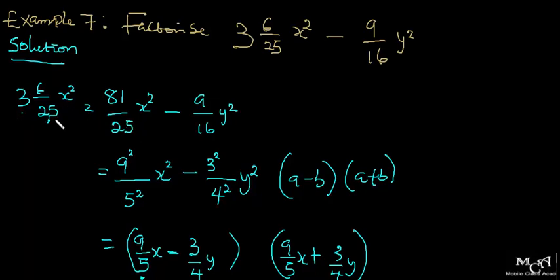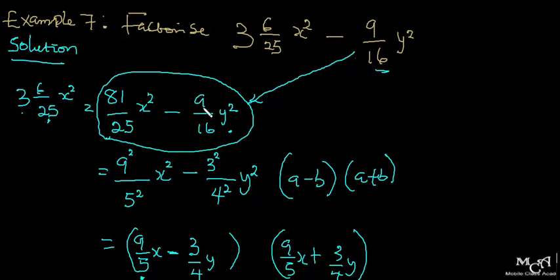So what do we do? 25 times 3, which is 75, plus 6, 81. 81 over 25x squared. I brought this remaining part of the equation to join this side. So what I have here is what I have here. So nothing changed.